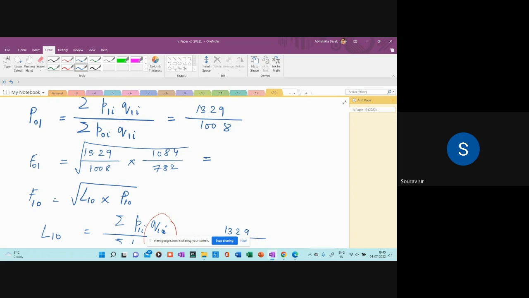Anyone who can answer? What value is coming?